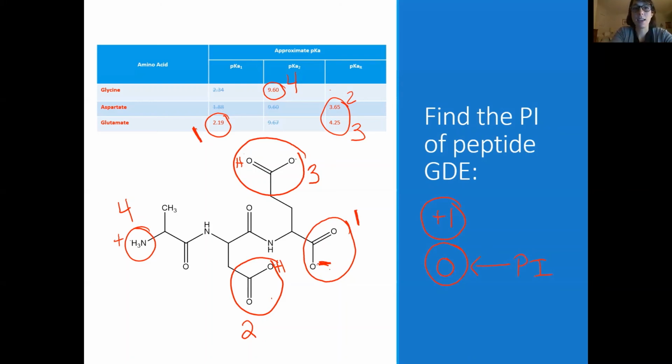And the pKa that is after that is the pKa of 3.65, in which we will remove the proton from this group on our aspartate, the R group on our aspartate, leaving us with a negative charge here, and an overall -1 charge.